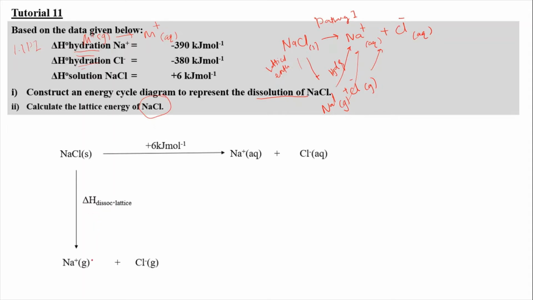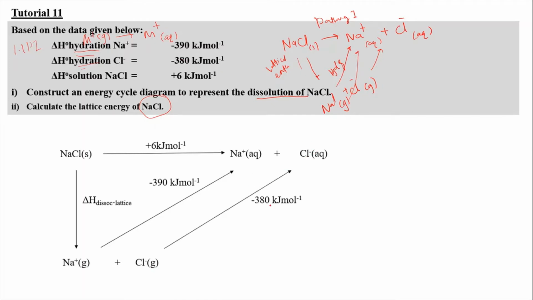Alright, and Na plus gaseous, as I mentioned here, will be hydrated in water in order to form Na plus aqueous. So we're going to make another arrow connecting these two. And the enthalpy of hydration of Na plus is equal to negative 390 kJ per mole. Meanwhile, the enthalpy of hydration of Cl minus, from gaseous into aqueous, is negative 380 kJ per mole here.